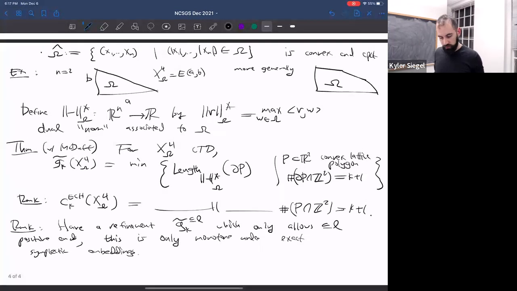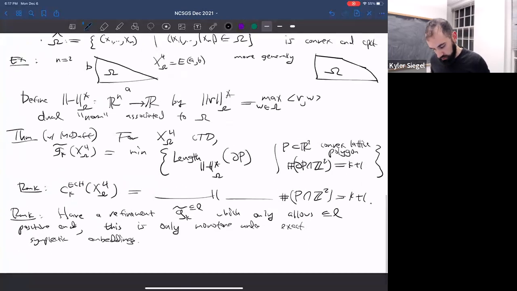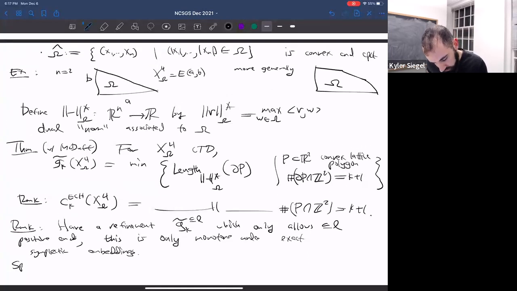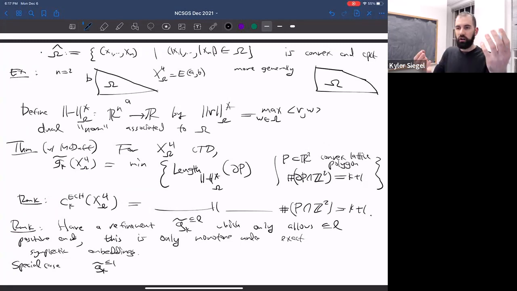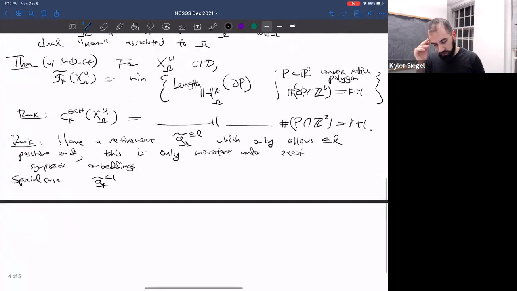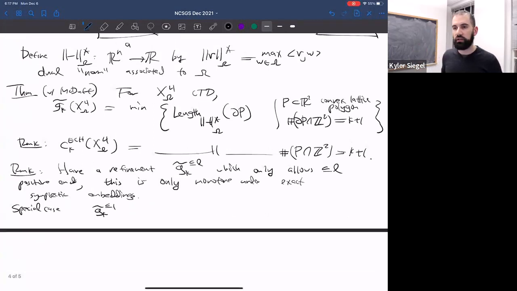And so, as a special case of this refinement, if you consider the case where L is equal to 1, so you only allow one positive end, then you're essentially only looking at planes satisfying a tangency constraint, and this is expected to agree with the capacities defined by Gutt and Hutchings.